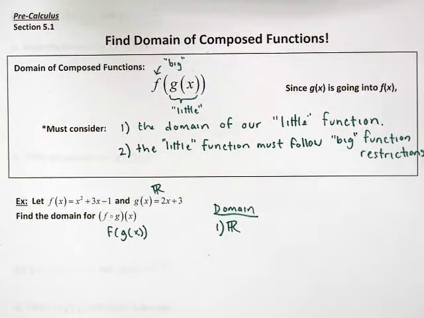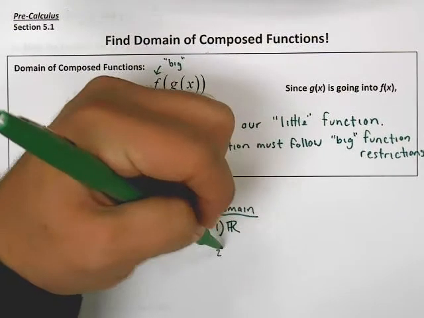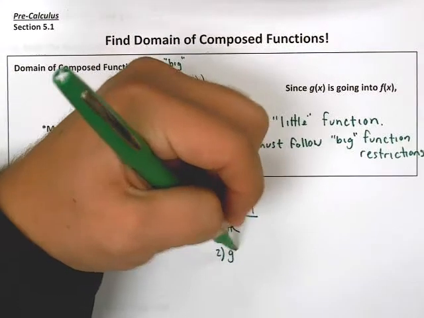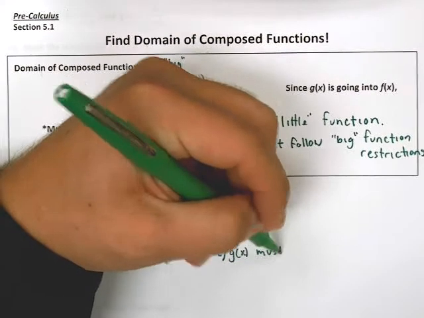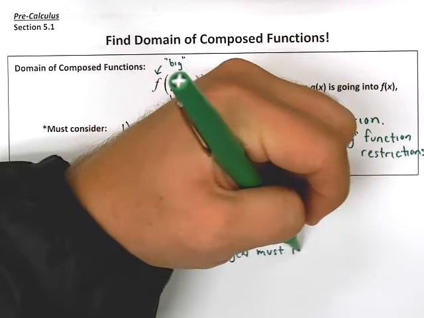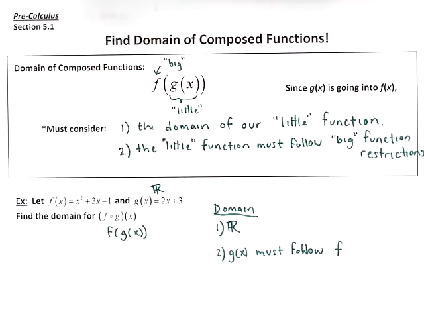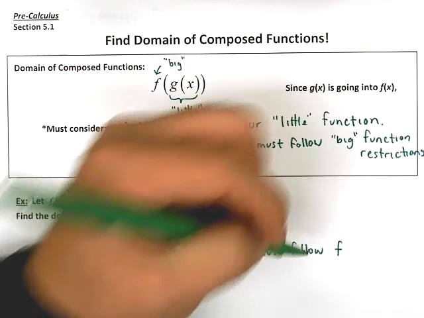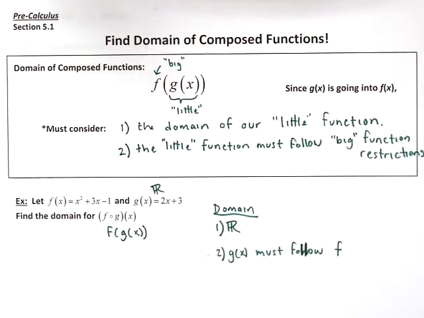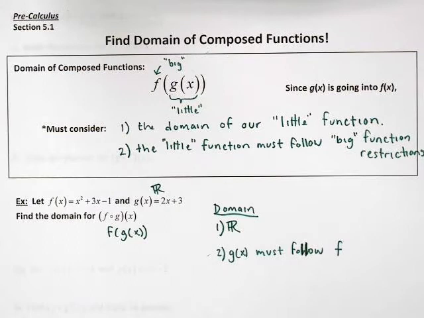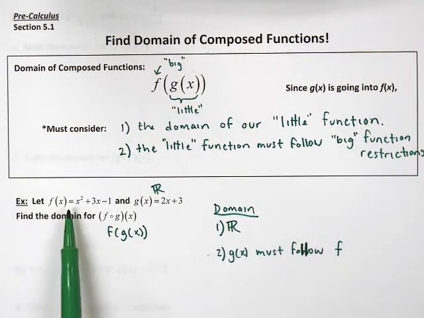Now, what we say, g of x must follow f. Alright, so that's a follow, follow f. So let's take a look. We know that if there are any restrictions on f of x, g of x must follow them.